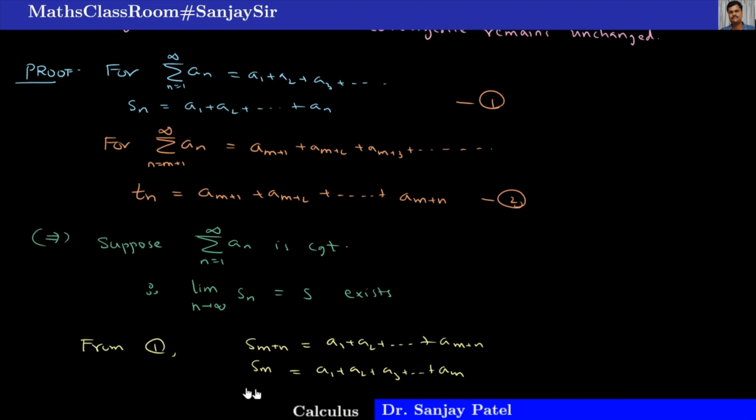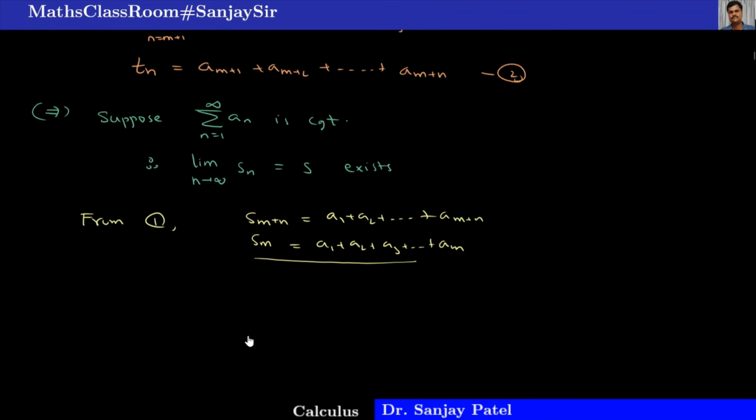Okay, and if you subtract these two, if I subtract Sm plus n minus Sm, all this will be cancelled, and what we are left with is am plus 1 onwards.